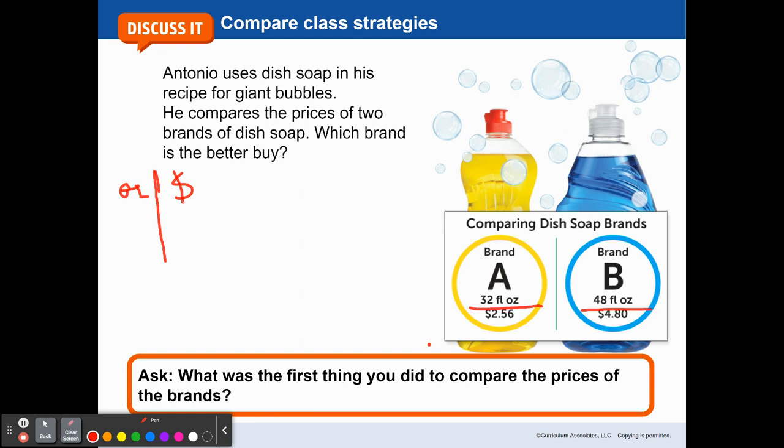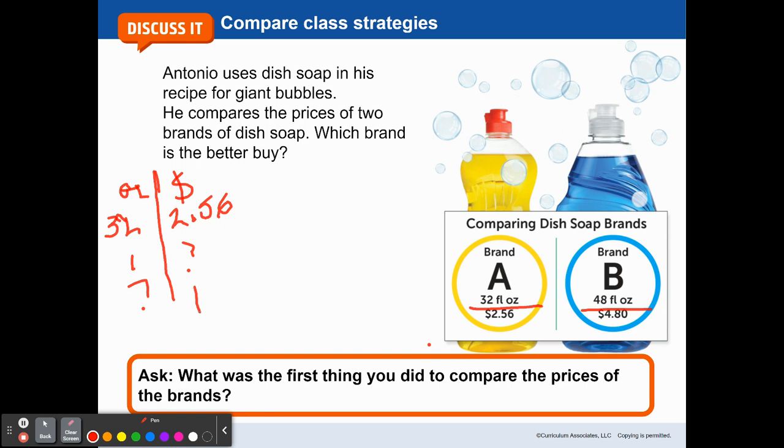So brand A is 32 for every $2.56. Right? And then from there, you would have said, okay, you can figure out per ounce, right? Or you can figure out how many ounces per dollar.